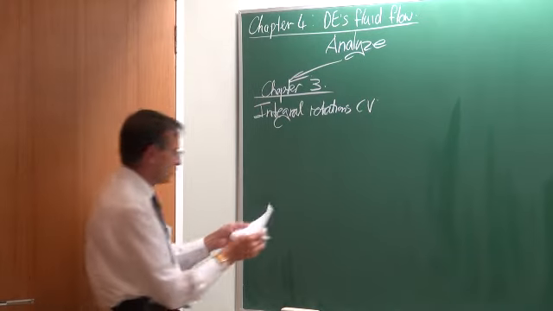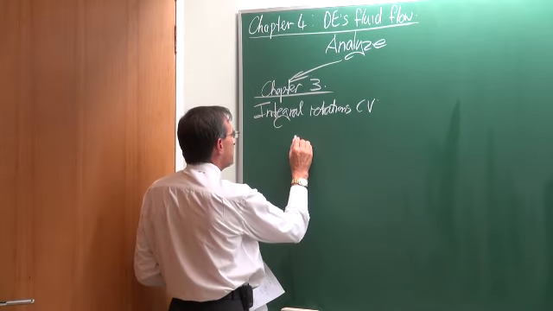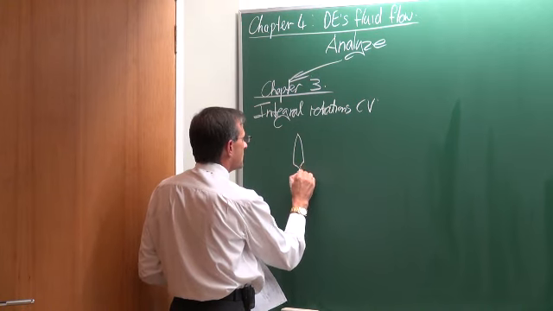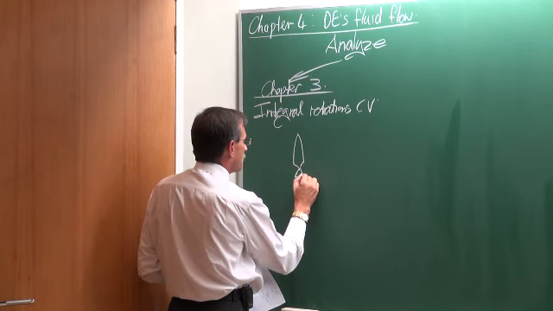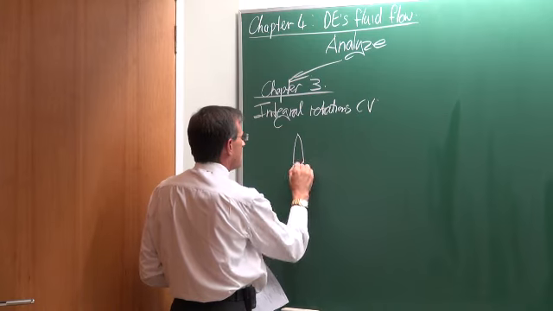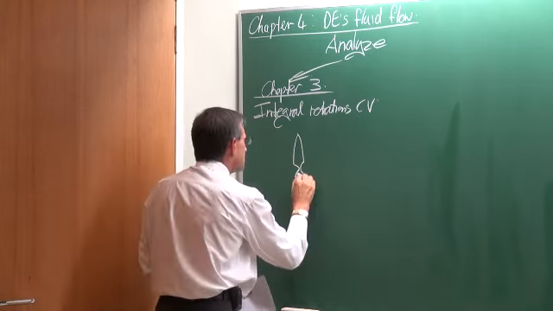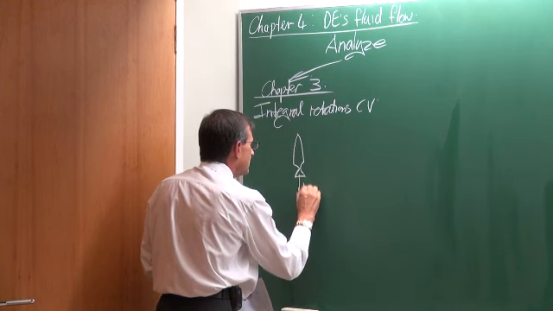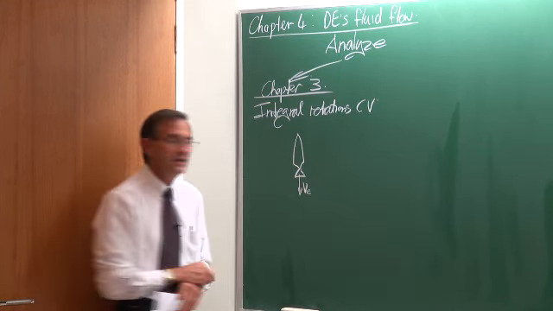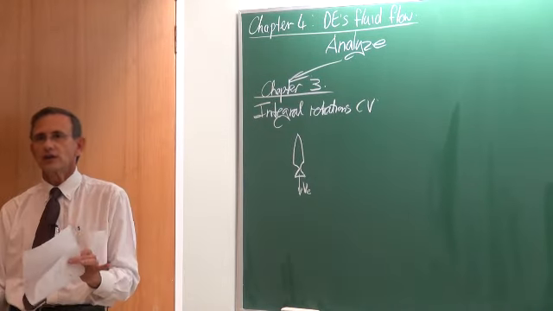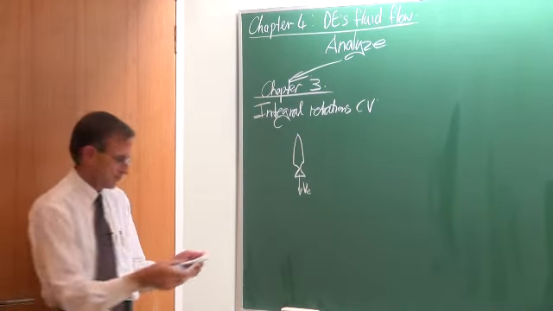Let's look at a typical problem. Let's suppose you are interested in a rocket. Okay. And the rocket typically will have a nozzle, and that would be its outlet velocity. And you are interested to know the forces on the rocket and all the acceleration.